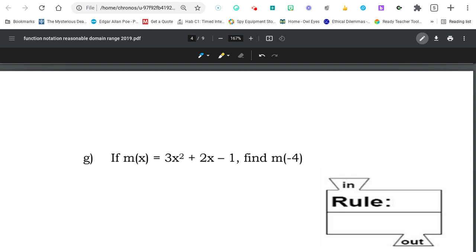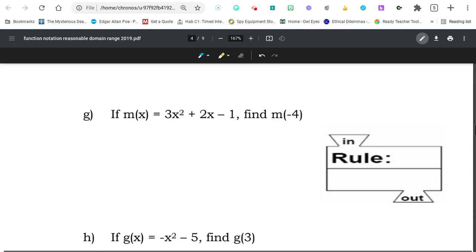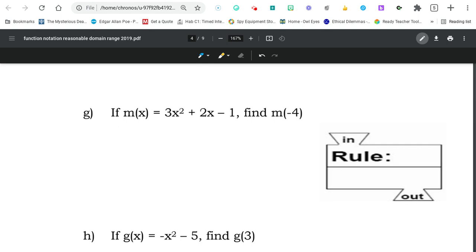All right, you're going to pause the video and try G. All right, this is what you should have. X here is going to be negative 4. And notice now the range is m of x.